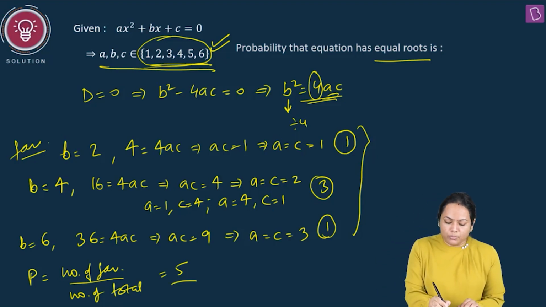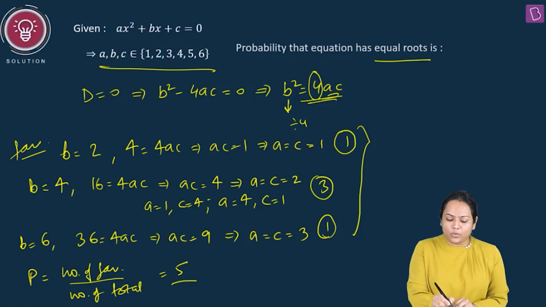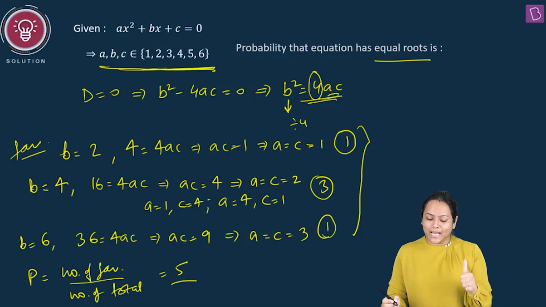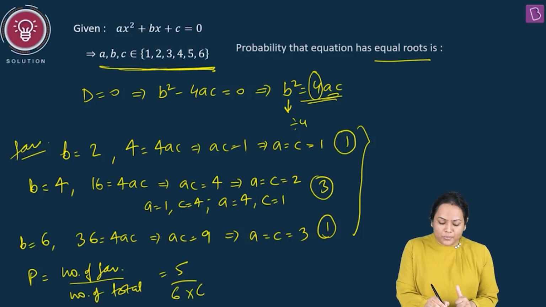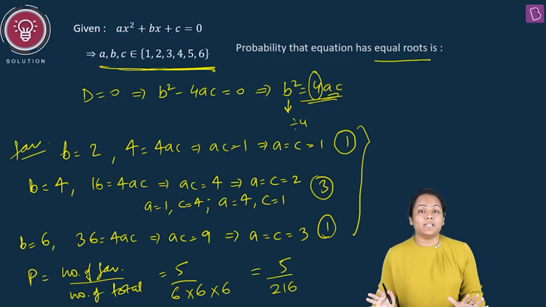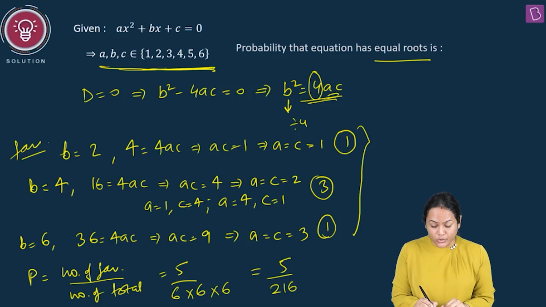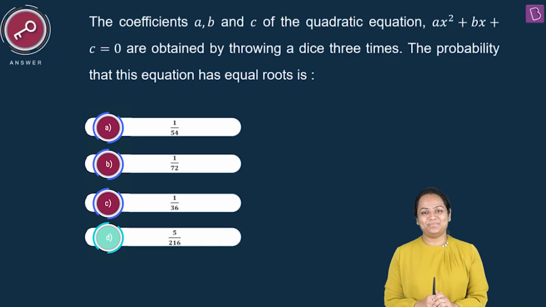Well, for total number of cases, we have to consider that since my A, B and C can take values from 1 to 6, that means I'll have 6 options for A, similarly 6 options for B and 6 options for C, which is going to give me the final answer as 5 by 216. This will be the probability. Have you understood, guys? So now if we look at the options, we can say that answer is going to be D.